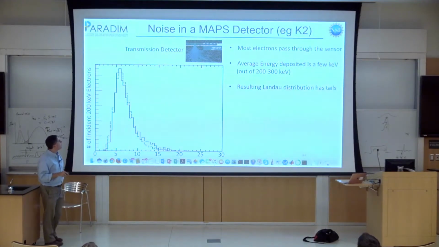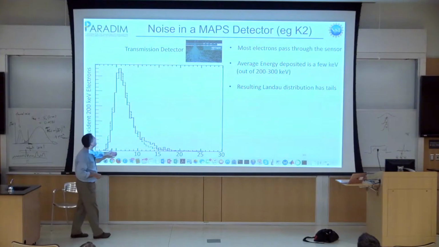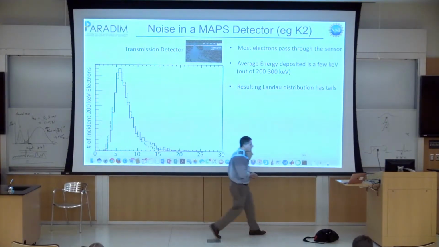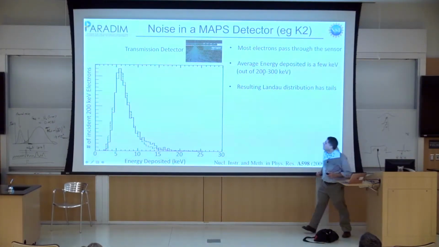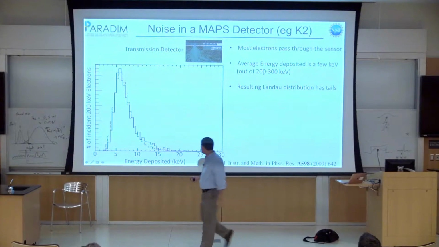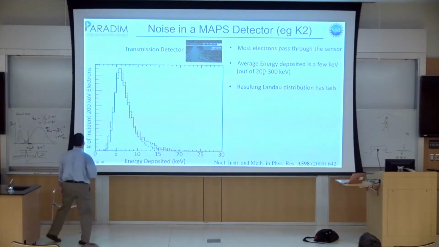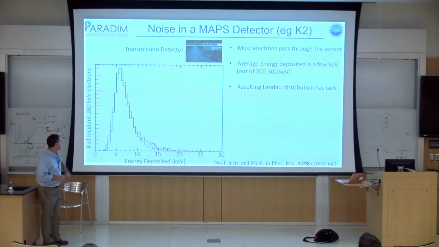So this is a 200 kilovolt electron, and the bottom line here, there we go. This is the energy deposited in the detector measured by the number of electron hole pairs that was generated in the detector.